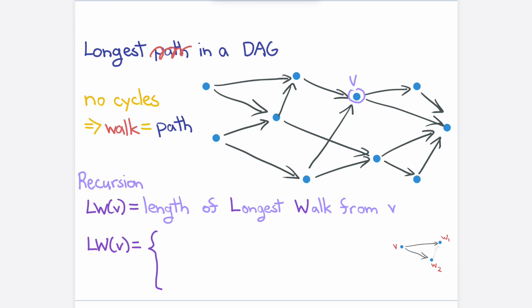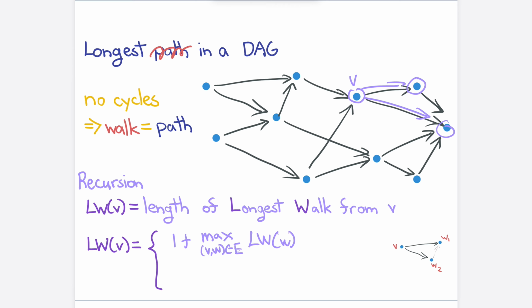It's one plus the length of all its children. Yeah, all its children are like outgoing edges. So I would check all the outgoing edges and recursively check, what's your longest walk? What's your longest walk? So maybe 1 plus the maximum over all edges from V to W, longest walk from W. Is that what you had in mind too?